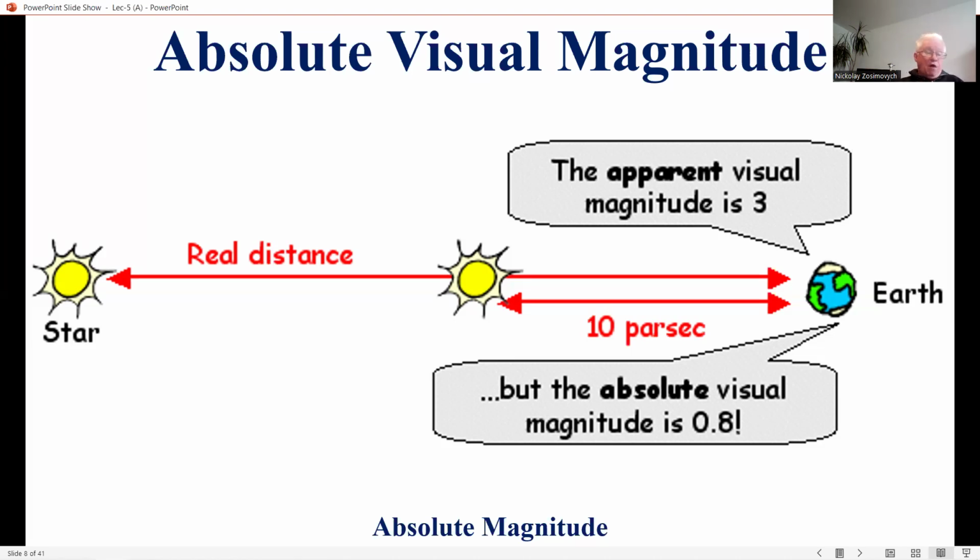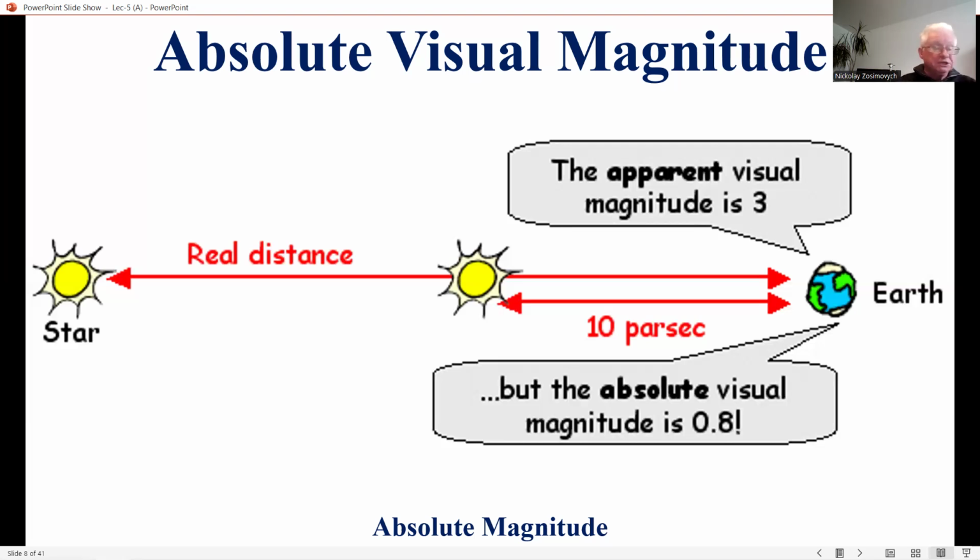Of course, the stars are scattered at different distances, and you can't shove them around to line them up for comparison. If, however, you know the distance to a star, you can use the inverse square relation to calculate the brightness the star would have at some standard distance.